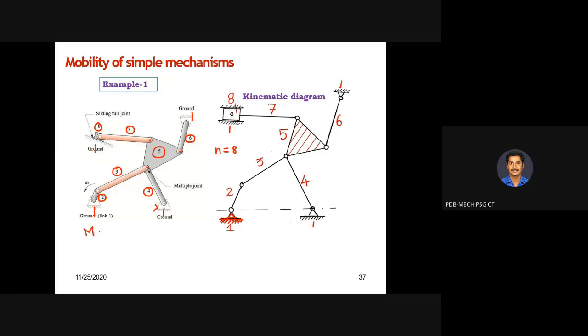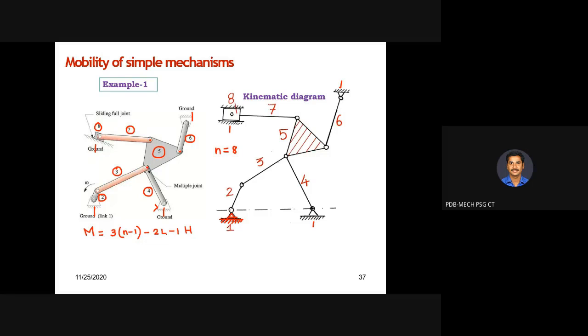M is equal to 3(n minus 1) minus 2l minus h, in which n is the number of links, l is the number of lower pairs, and h is the higher pairs. We know the number of links is 8.